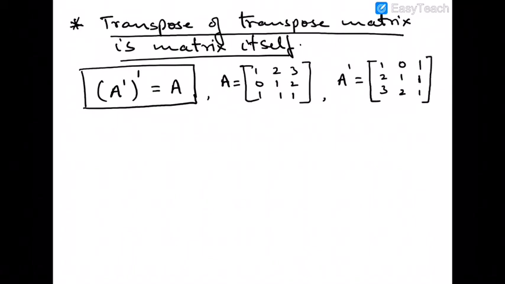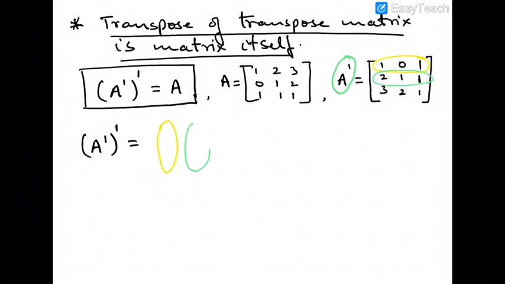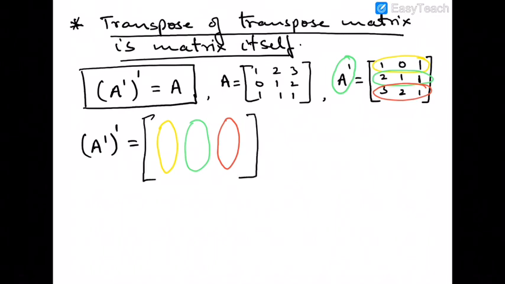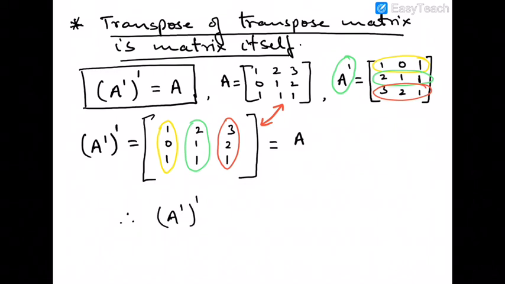Now the transpose of the transpose of A will be: take the first row of A transpose and write it down as the first column, and similarly the second row as the second column, the third row as the third column. It will give us the transpose of transpose A, which is 1, 2, 3, 0, 1, 2, 1, 1, 1, and that is equal to matrix A. So therefore the transpose of transpose A is equal to A.